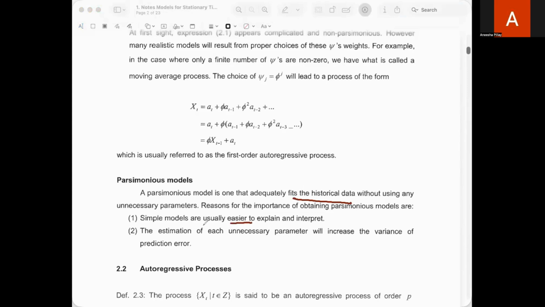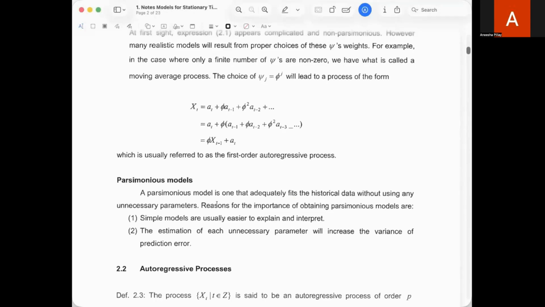So we just want a model that only has the important parameters that is able to explain the data easily, rather than including all the variables. So that is called a parsimonious model.